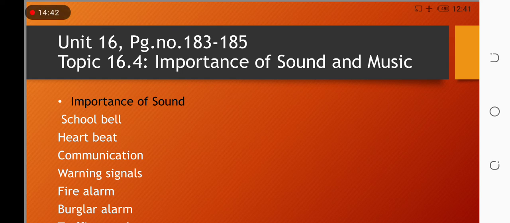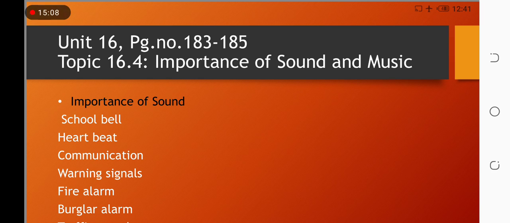Loudness of a sound is the property of sound by which we can distinguish between a loud and a faint sound. So noise is produced by the irregular patterns of sound waves which are unwanted or unpleasant to us.